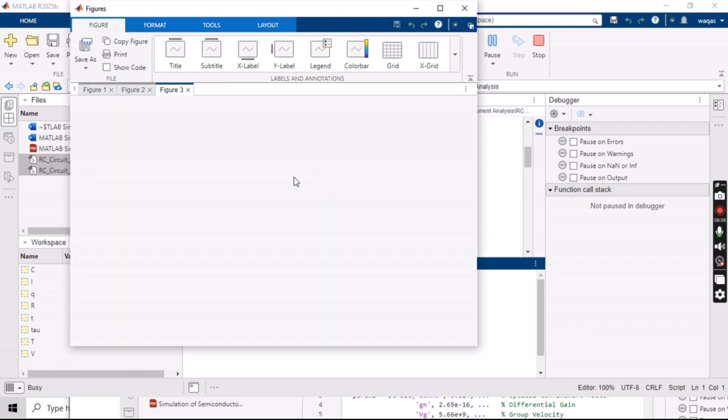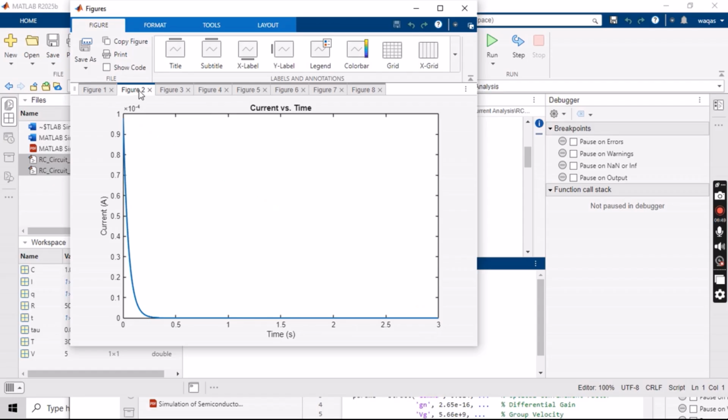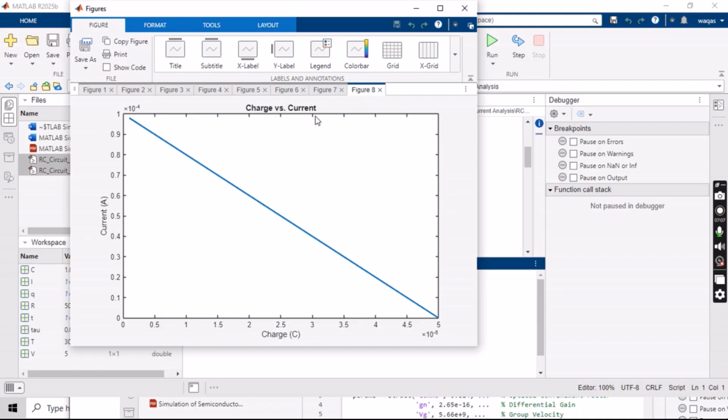We will get different values, like the charge versus current, current versus time, charge and current versus time, charge versus time, and the time constant. Current versus time is on a logarithmic scale, and then the charge versus current.